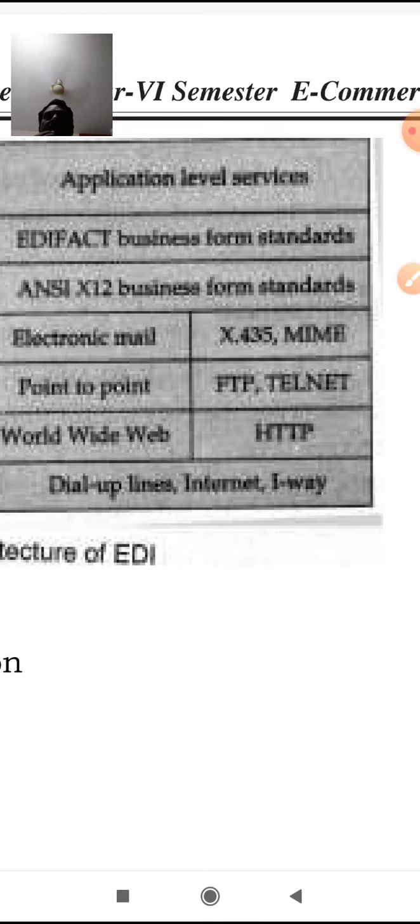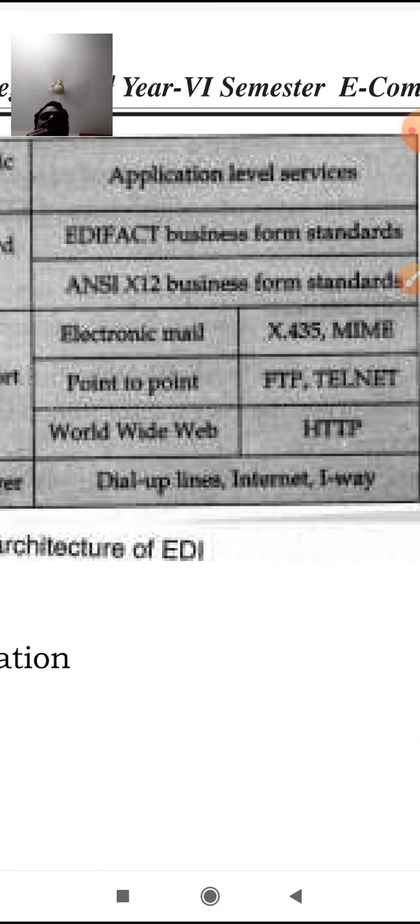With the help of those standards, that layer will convert the information or the transactions into these standards, either EDIFACT standards or ANSI X12 business standards. The business transactions or the financial transactions are all converted into this standardized manner with the help of the EDI standard layer.